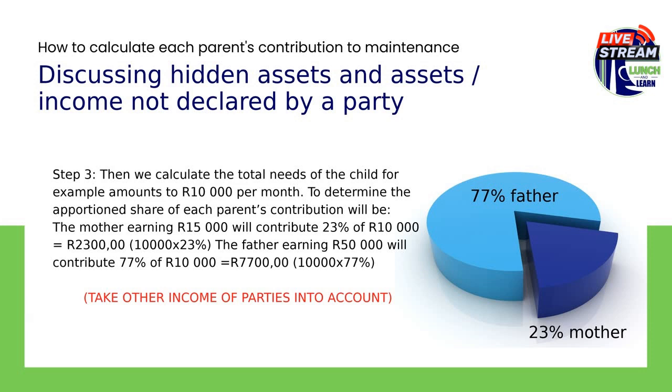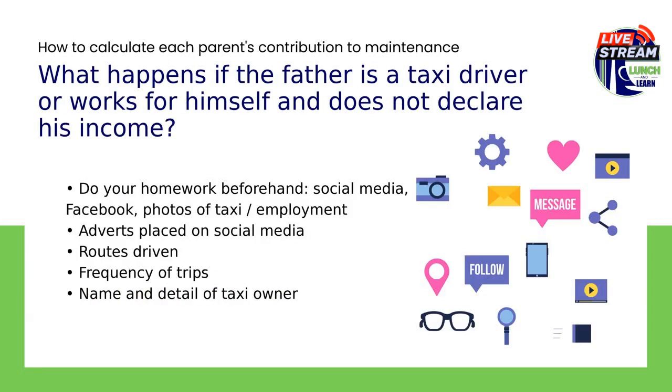That's the mother's share. 23% of that needs to be paid by the mother, and the balance, the 77%, needs to be paid by the father. Those are simple mathematical terms. Of course, one needs to take into account all the other income of the parties in order to make the calculation of the maintenance amount fair.